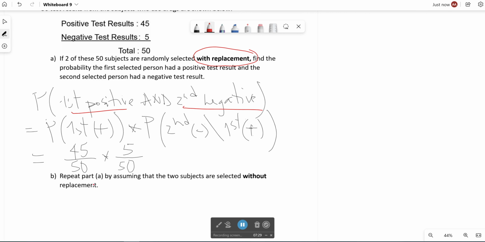This time, we are asked to find the same probability, but this time assuming the subjects are selected without replacement.